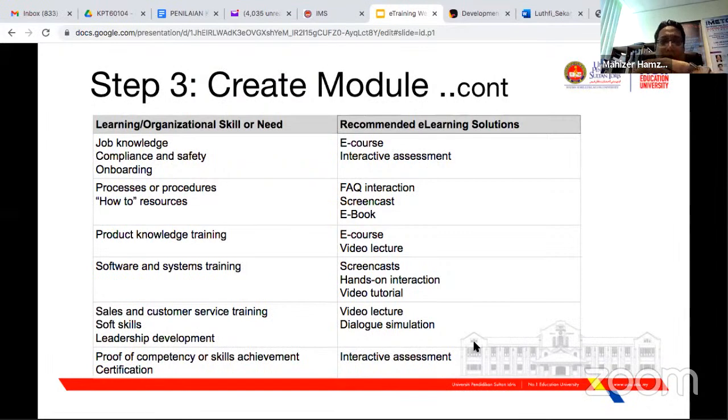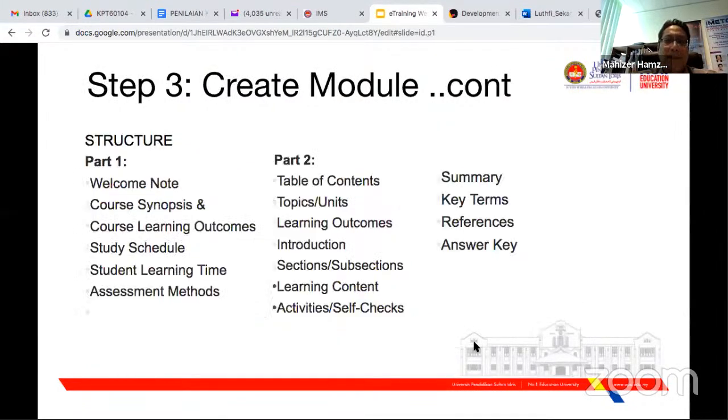In a module, basically the structure of the module, for me, has a two-part structure. Part one is maybe in the first phase the welcoming note from the module developer, the creator, or the head of trainers, or maybe the lecturers.